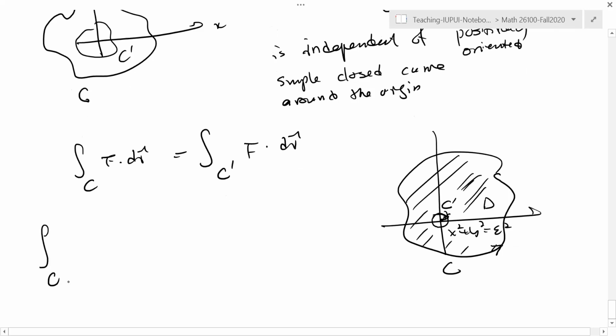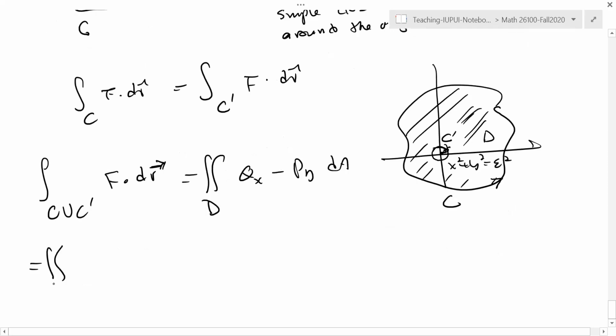By Green's theorem, the general Green's theorem, this will still be the double integral of Qx minus Py. So what is my Qx?